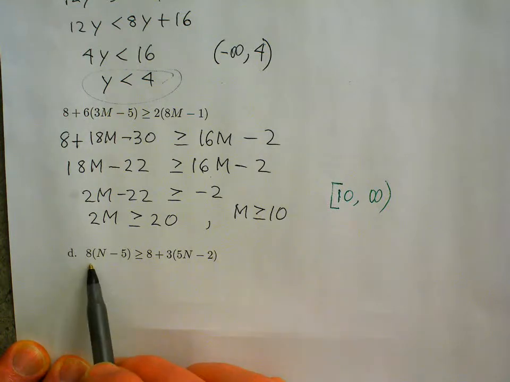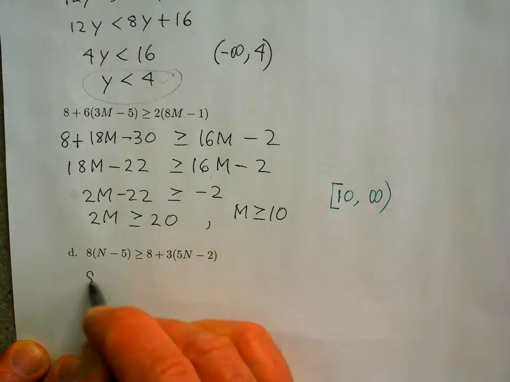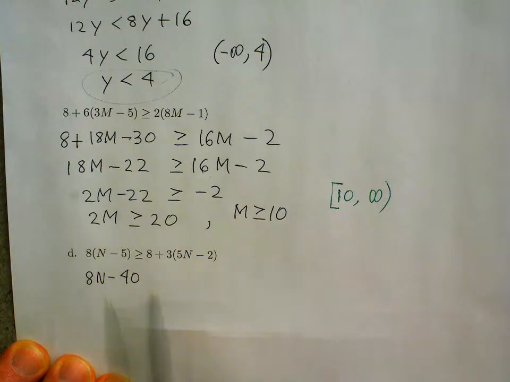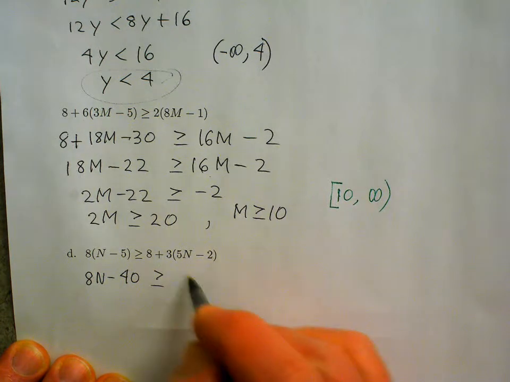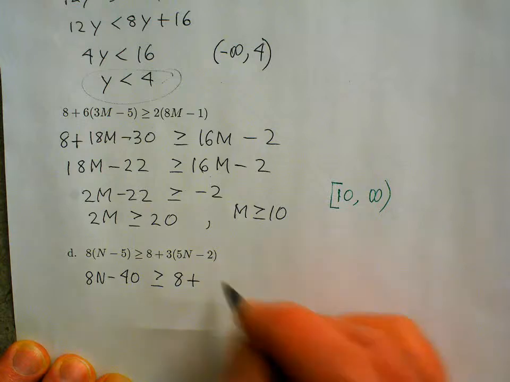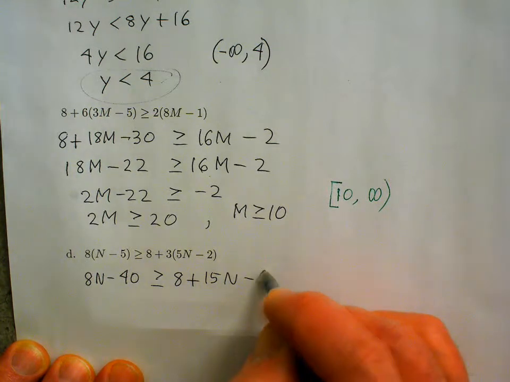On the left-hand side, 8 times n minus 5 is 8n minus 40, greater than or equal to 8 plus, and then 3 times the quantity 5n minus 2 is 15n minus 6.